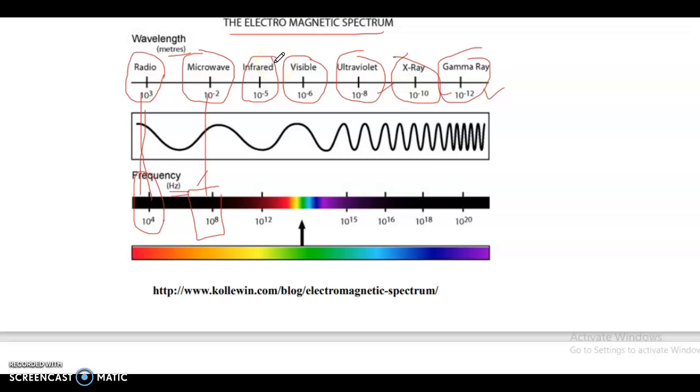Infrared wavelength is 10 power minus 5 meter. Corresponding frequency for that is 10 power 12 hertz.